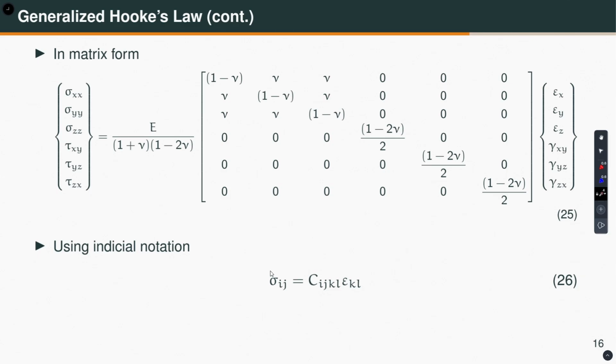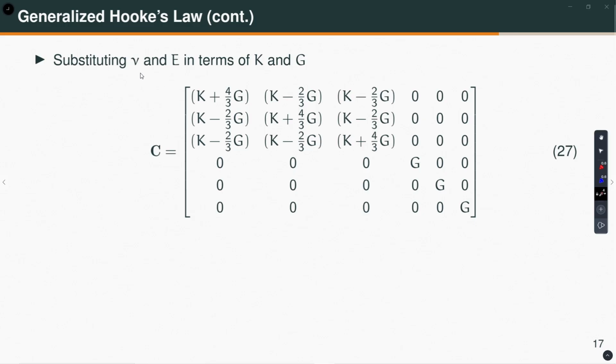So, it has got 81 components, but you do not see it here because of the reason we discussed earlier, that we are working with only 6 unique stress components. Okay. So, the Cijkl can also be written if I replace nu and E by K and G, bulk modulus and shear modulus, then this is the elastic constitutive matrix, okay, which will change when you go for a nonlinear problem.